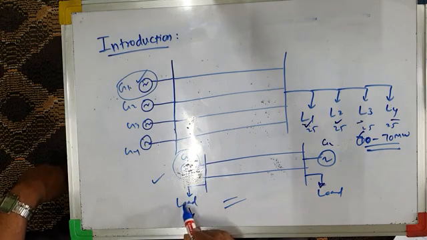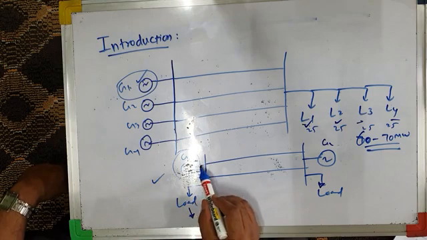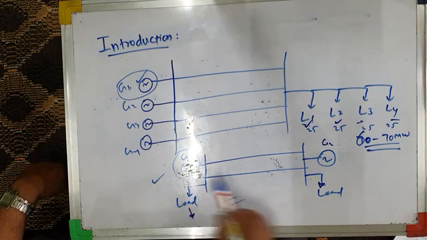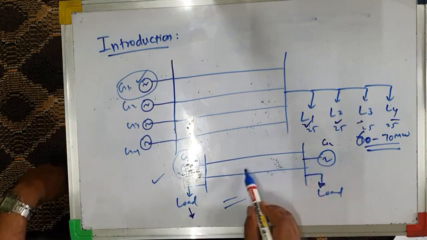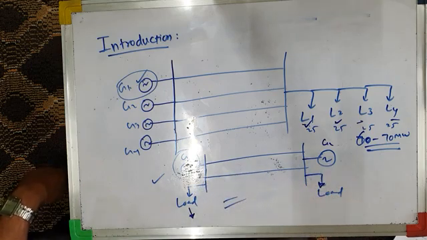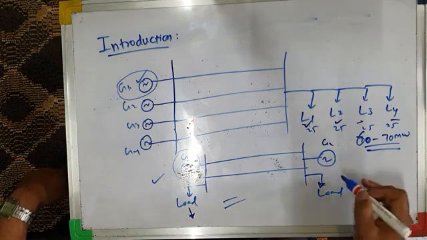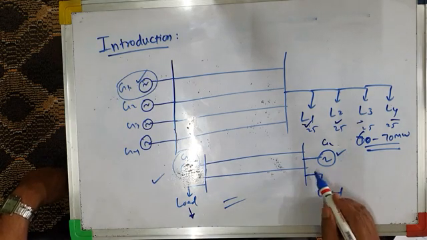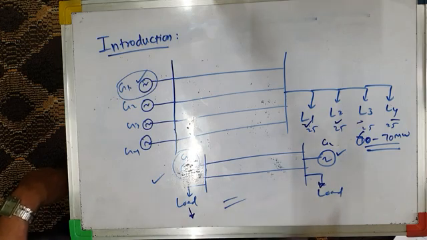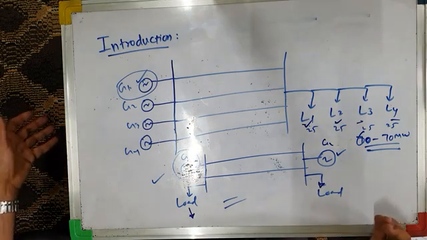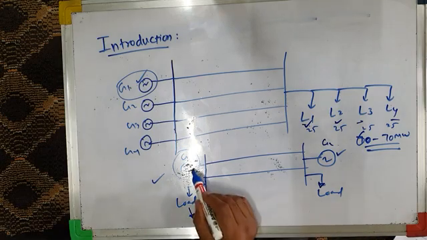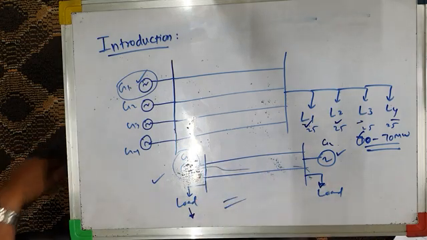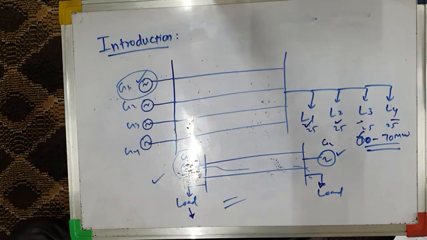No. Although it may not receive power from G1, some power it may receive from generator G2. Similarly, if there is a fault on G2, this load will still receive some amount of power from G1 through this transmission network, if not at full capacity. So this improves the reliability of your system.